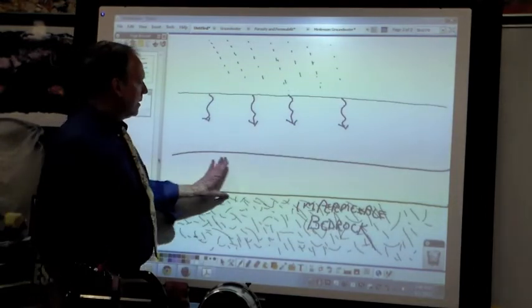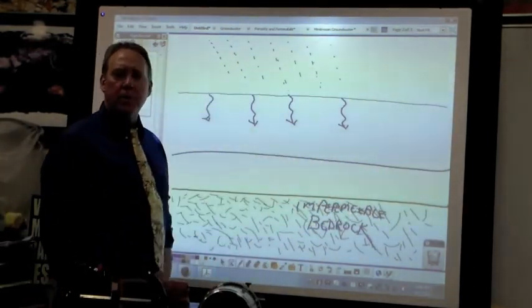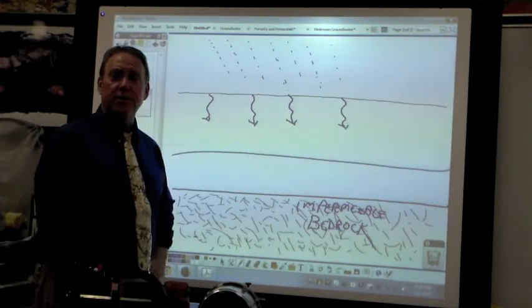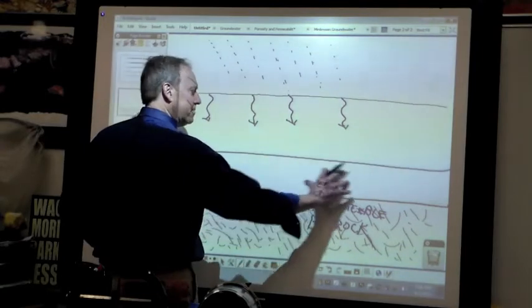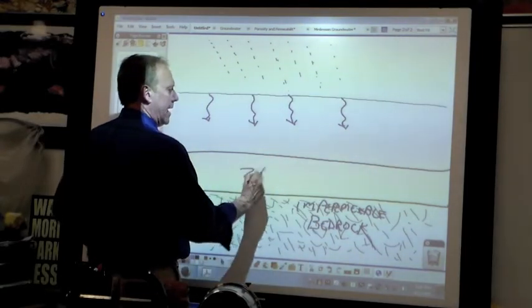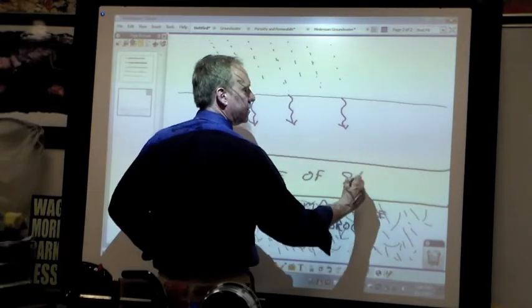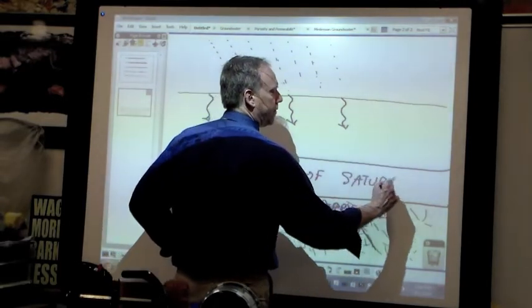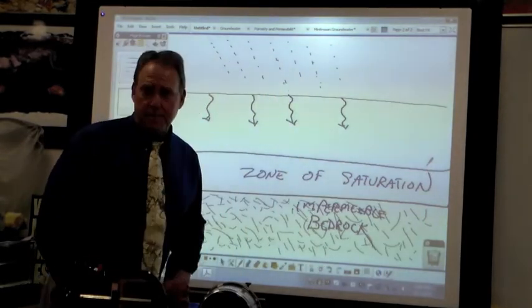Now, let's imagine that in this whole area right here, all the pore spaces between the rock particles are filled entirely with water. We're going to refer to this layer as the zone of saturation. We've learned from meteorology, saturation means being filled up with water.